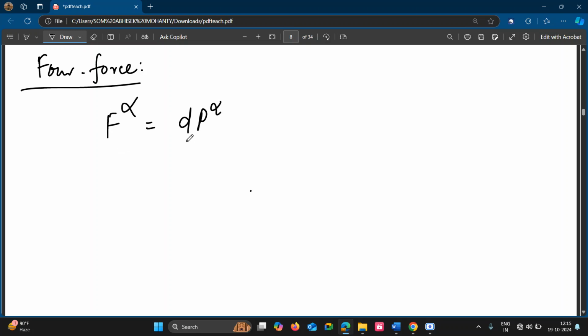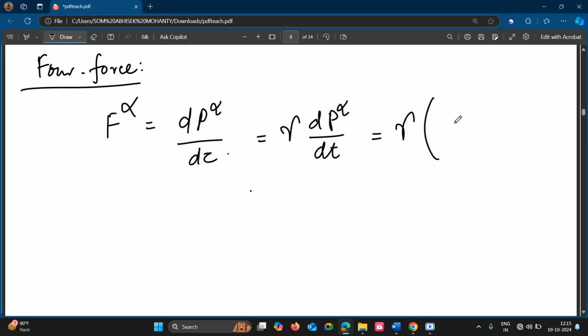Now four-force. So again, four-force will be what? The momentum's derivative. So F alpha will be dp alpha by d tau. So again, gamma dp alpha by dt.